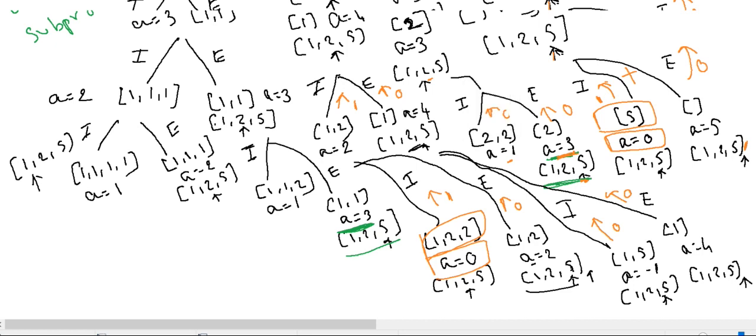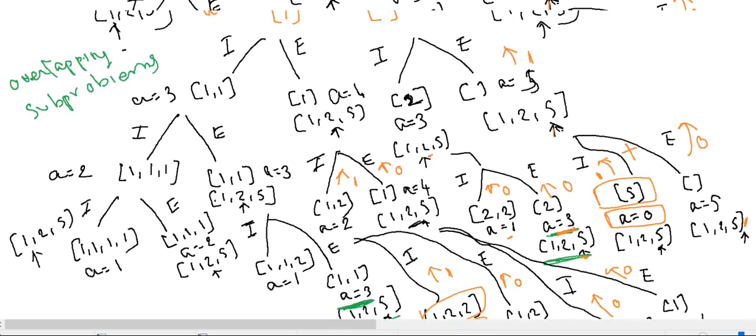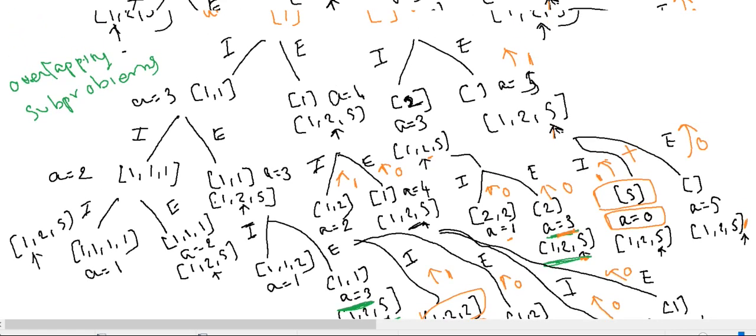Again, this is going to return 0, and therefore the node it's coming from is going to return 0. And 1 plus 0 is 1, so this is going to return 1.